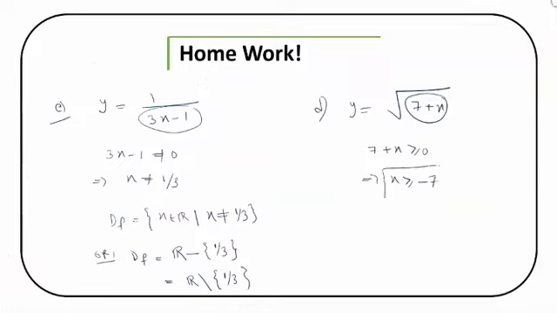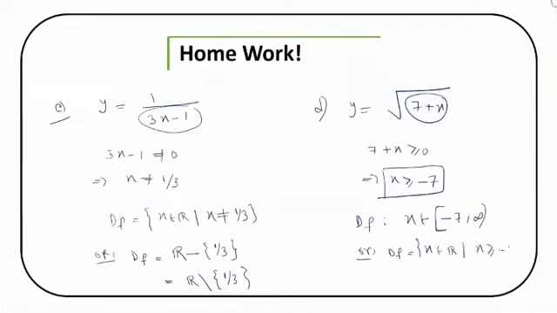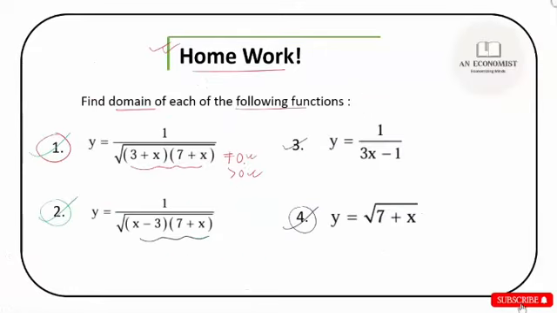So what will be the domain? The domain can be written as x belongs to this, or you can write the domain to be x values which belong to R such that x is greater than or equal to minus 7. So these homework questions are done.